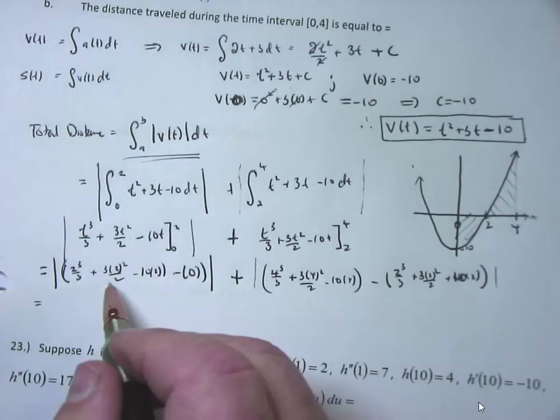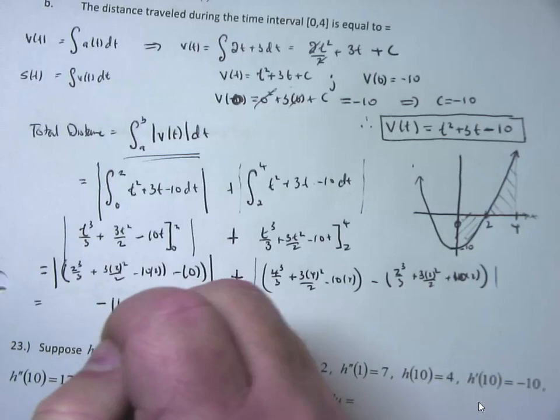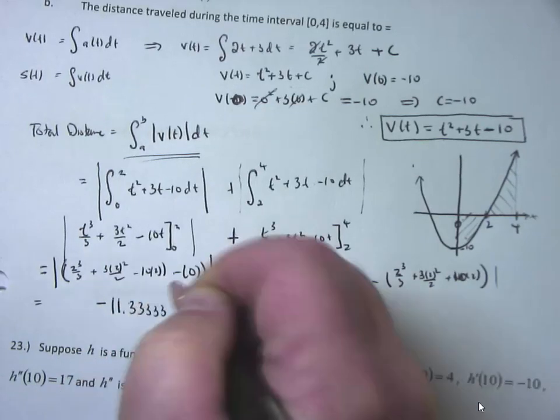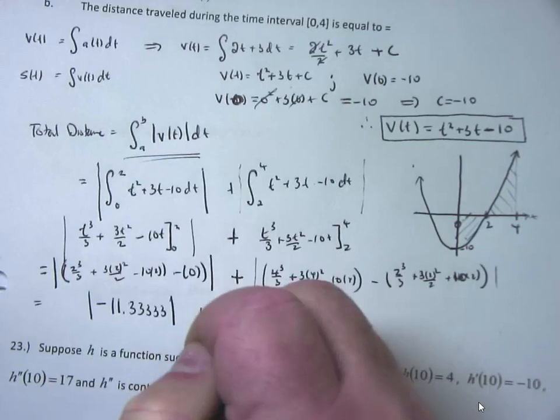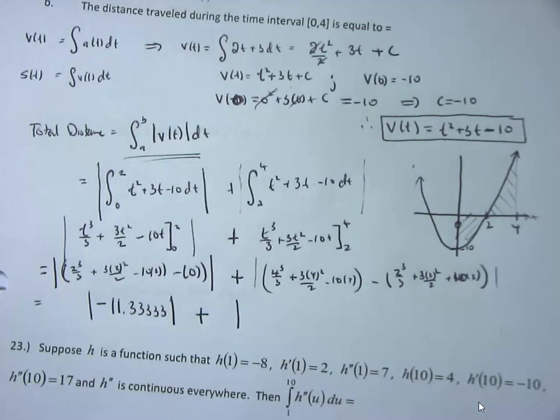So when I crunch this thing out, I end up getting negative 11.33333, but it's absolute value. Plus the absolute value of what I get over here when I plug in 4. Let me just show you this.